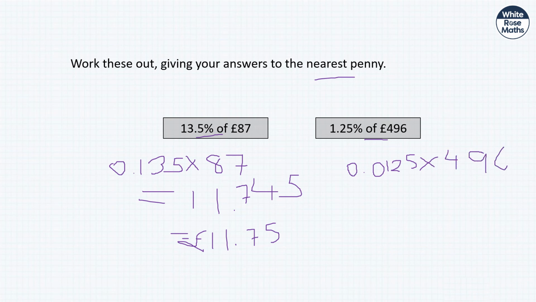Taking the time very carefully, guys. 0.0125 times 496 gives me £6.20. It says 6.2 here, so 6.2 is the same as saying £6.20. Remember that 0.2 means that. There we go.